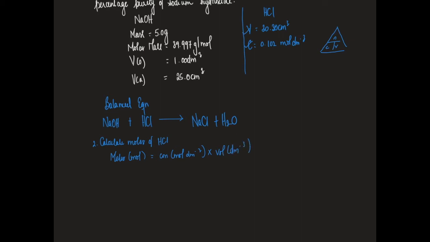So moles is equal to concentration in moles per cubic decimeter by volume in cubic decimeter. So we already have the values here, so we're just going to plug those in.